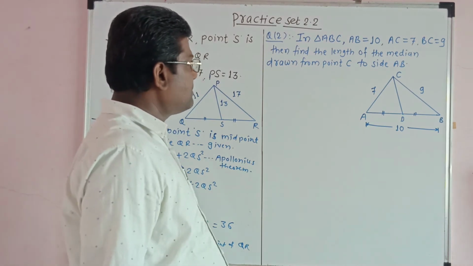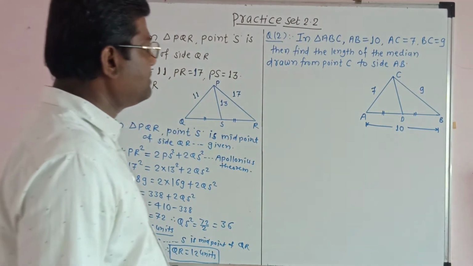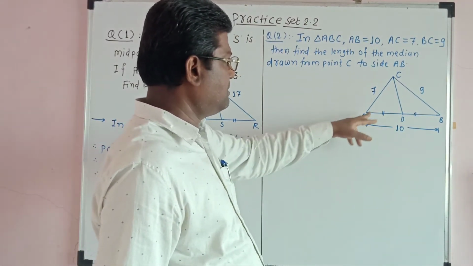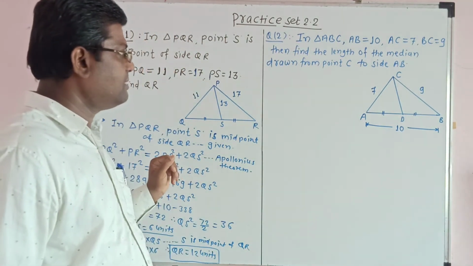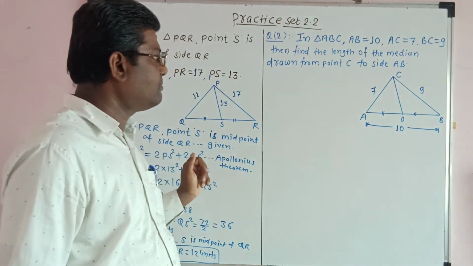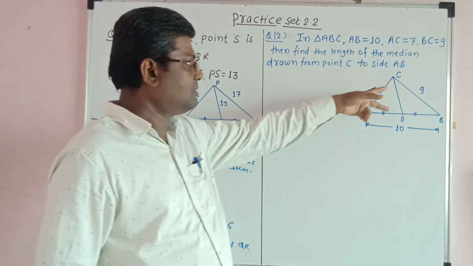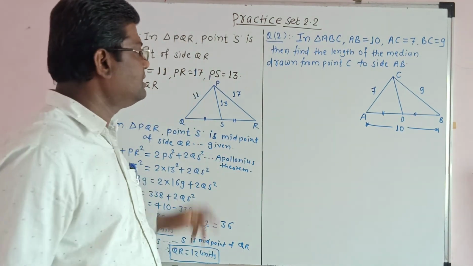Now example number 2. In triangle ABC, AB is equal to 10, AC is equal to 7, BC is equal to 9. Find the length of median drawn from point C to side AB. That is, we have to find the length of median CD.